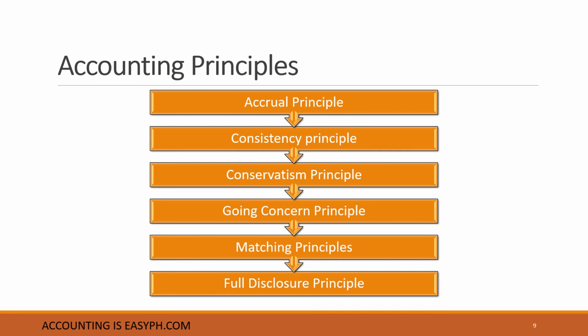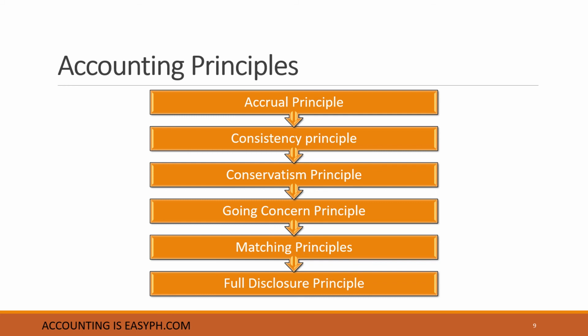The third principle is the conservatism principle. There is a saying that goes, do not count the eggs while they are not yet hatched. This is the reason why accountants will not recognize gains unless they are realized. The conservatism principle encourages accountants to report a more significant liability amount, a lesser asset amount, and also a lower amount of net profits.